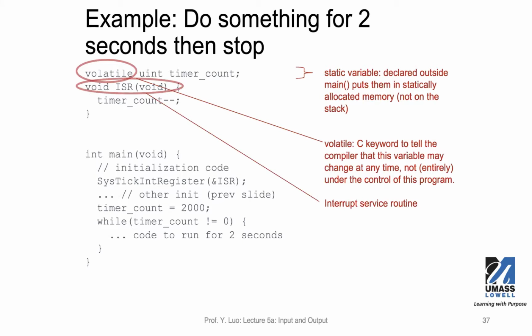This ISR, as we explained earlier, is a function. You can use a different name, it doesn't have to be ISR literally, but you will have such a function. You have the operations defined in this function as the service, and you register that to be your interrupt service routine.